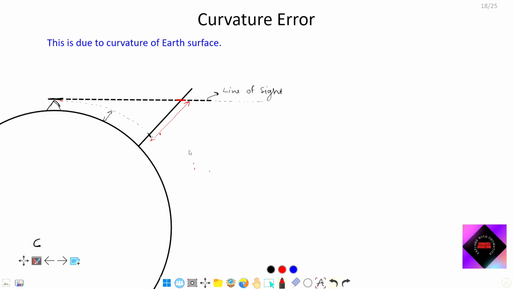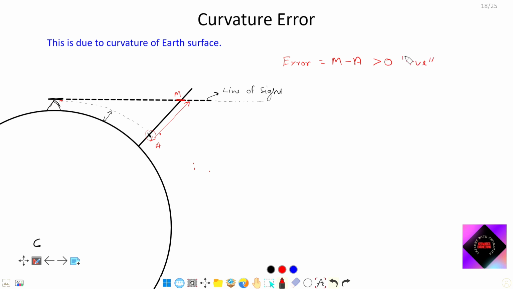So what is the nature of this error? Is it positive or negative? We know that every error is equal to measured value minus actual value. Our actual value is this here and our measured value is this here. We can see the measured value is greater than actual, so our error comes to be positive.